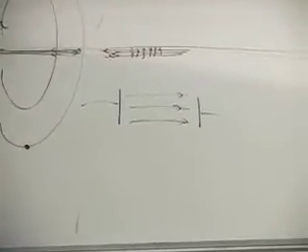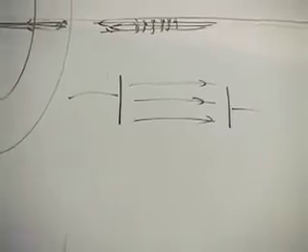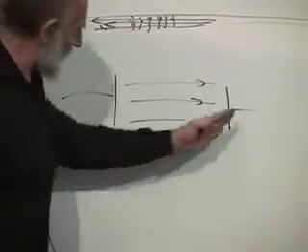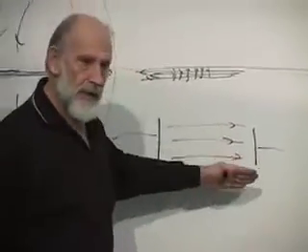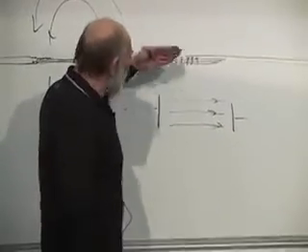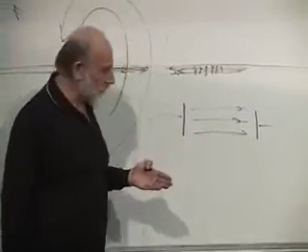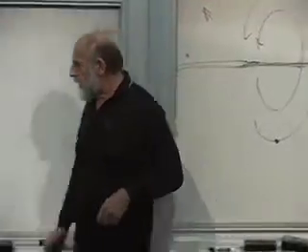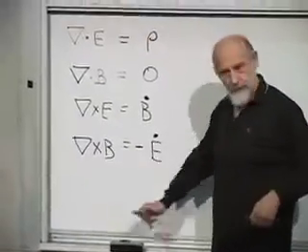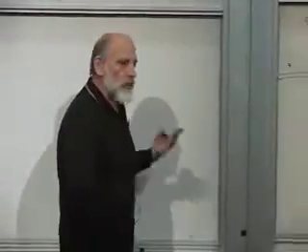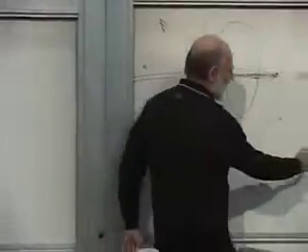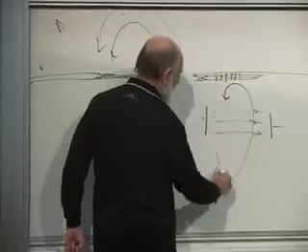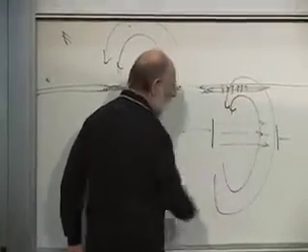Now we can start with an uncharged capacitor and pump some electric charge into the capacitor plates. And so in that way ramp up the electric field. Ramping up the electric field must make a magnetic field. And in fact, the magnetic field has to wrap around something. It wraps around the direction of the electric field lines.